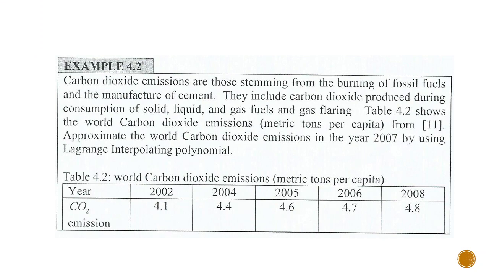So we read the question first. The carbon dioxide emissions are those stemming from the burning of fossil fuel and the manufacture of cement. They include carbon dioxide produced during consumption of solid, liquid and gas fuels and gas flaring.